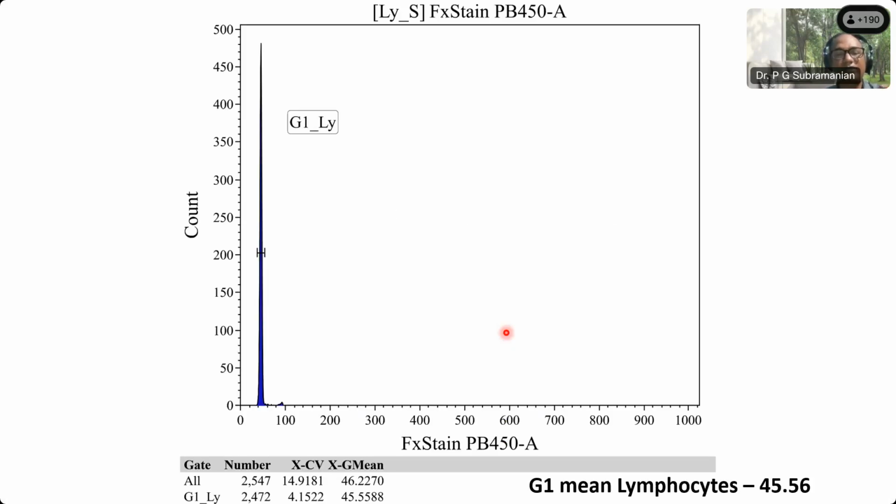Here there is a G1 phase and a G2 phase. So normally this is a normal lymphocyte. We take the G1 phase median; the X level median value, the mean value comes here. So this G1 mean of lymphocytes is 45.56.